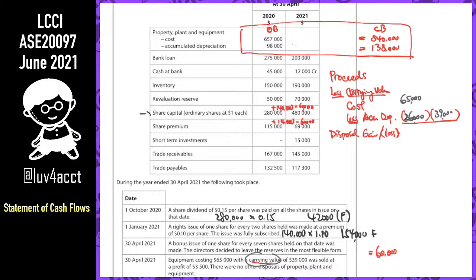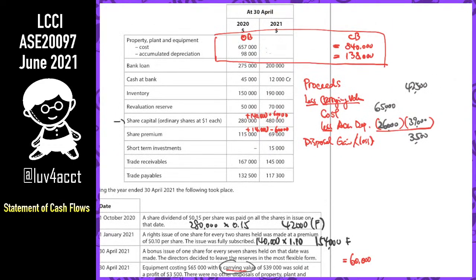And this time you are given that you have a disposal profit of 3,500. You can find the proceeds from the disposal gain and also the carrying value: 3,500 plus 39,000, you have 42,500. So you fill in everything that you need for the disposal: proceeds 42,500, cost, accumulated depreciation, the carrying value given to you, and also the disposal gain or loss given to you.